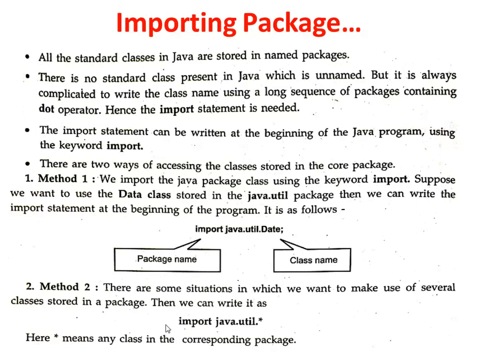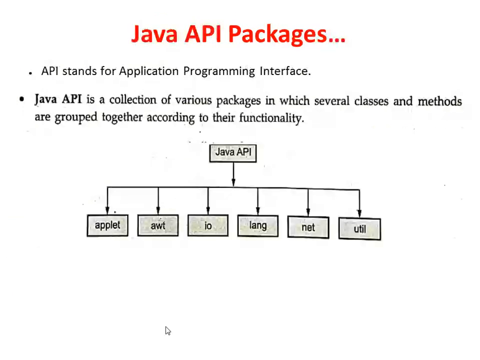Another method, there are some situations in which we want to make use of several classes stored in the package, then we write import java.util.*. In this way we can import packages. There are different packages already created in Java, which are applet, awt, io, lang, net, util, etc. Hence you can use all these packages in Java programming.